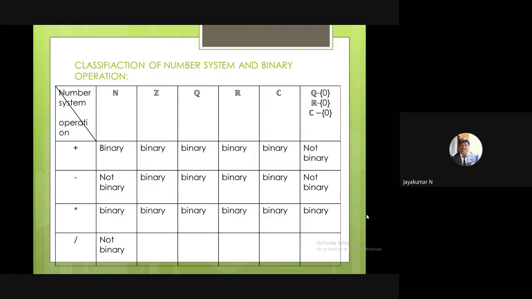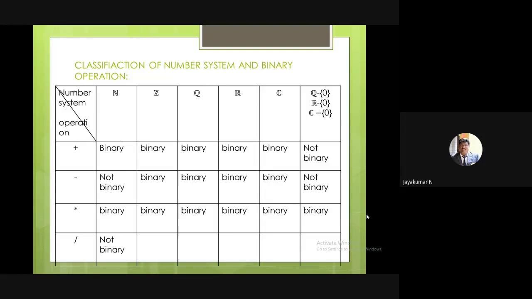Okay, next one is a clever thing. Can you say that division is binary in Z? Hashita also replied to me. Jayasri said no. Good.